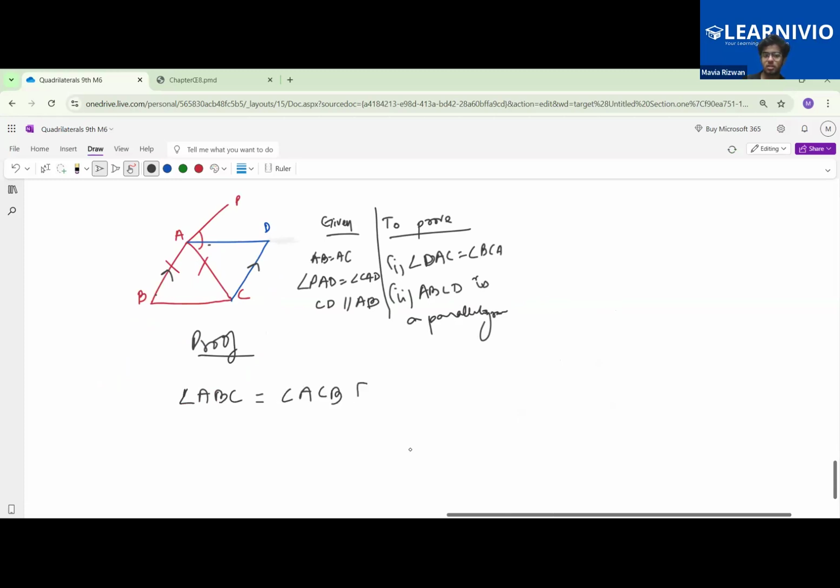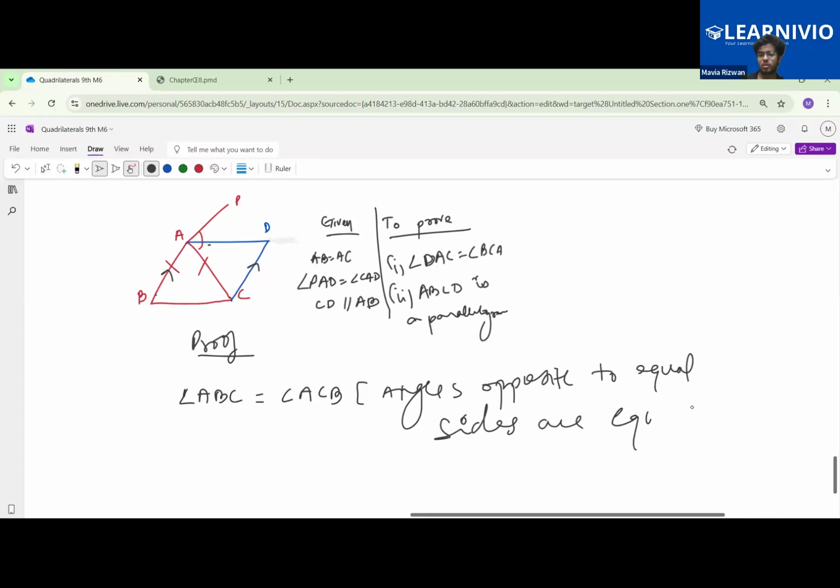This is the theorem that angles opposite to equal sides are equal. Angles opposite to equal sides are equal. Did you know this theorem? Yes, sir. Okay, great. Because this side is equal to this side, this angle would be equal to this angle. Okay, we have proved this much.